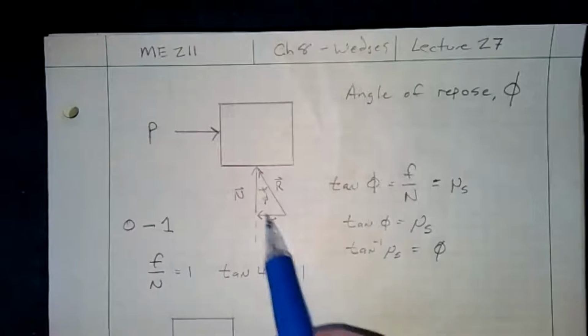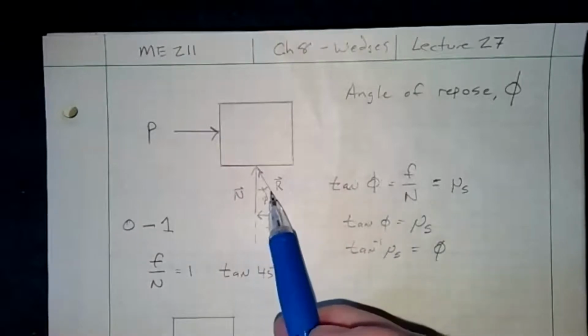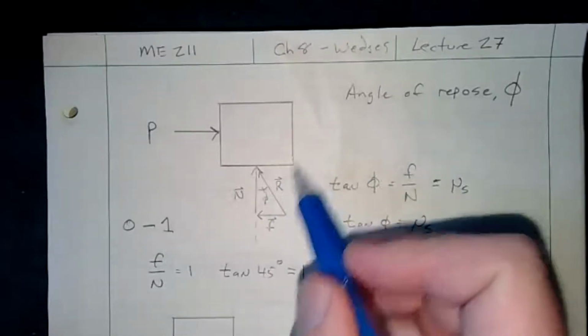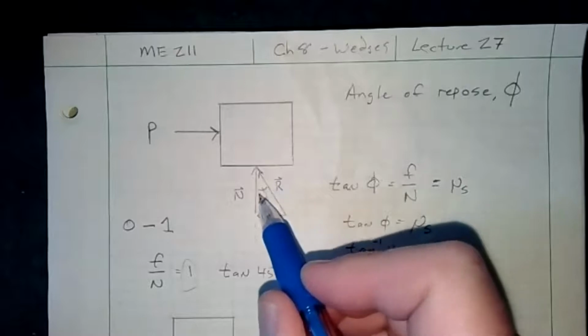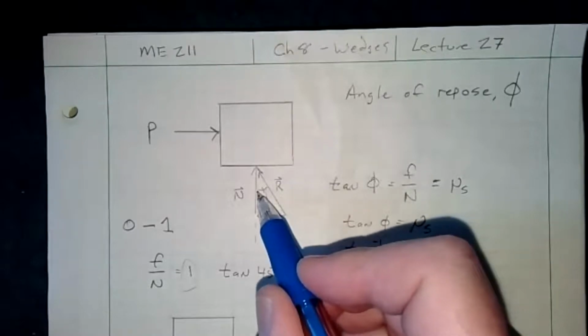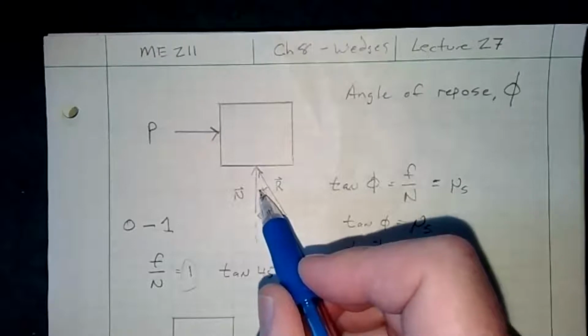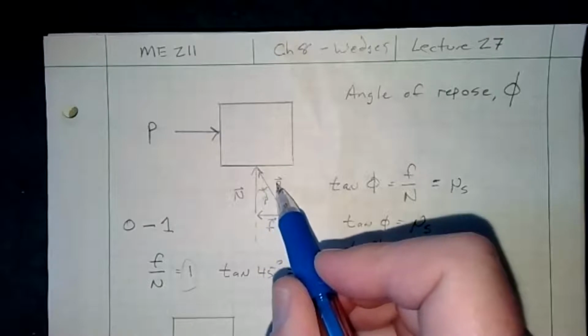So this angle of friction, the greatest it can be is 45 degrees, because anything past that is going to exceed this 1 value. So we never have situations in this class where it's going to occur, but you're always going to see this angle is going to be somewhere between a very small number and 1, or 0 to 45 degrees.